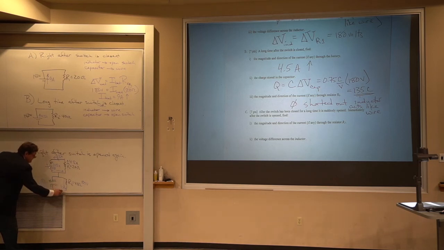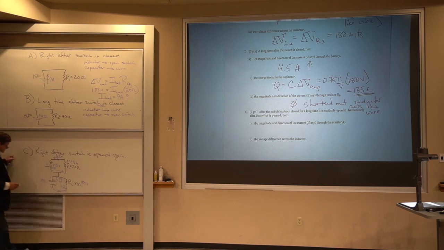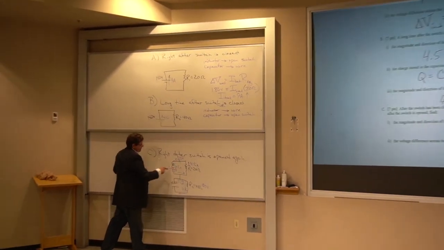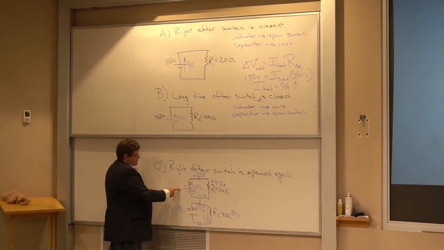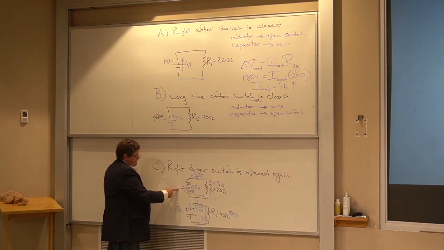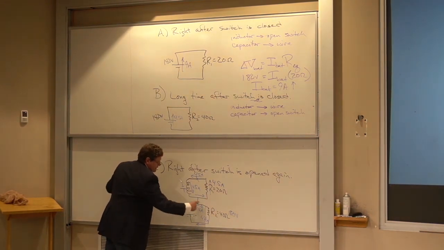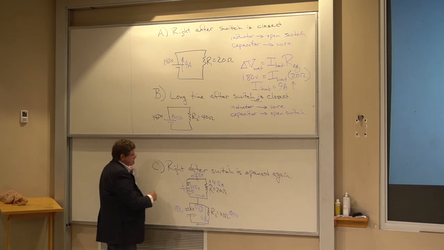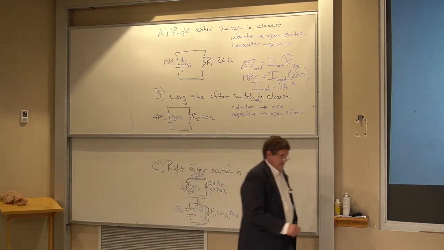If it's flowing down through R2, it's got to flow to the left there, and it's got to flow to the right there. So what I'm going to end up with is two separate current loops. This one going counterclockwise here, driven by this inductor that's not wanting to change its current. And this current loop going clockwise, driven by this discharging capacitor. And that's the end of that problem.